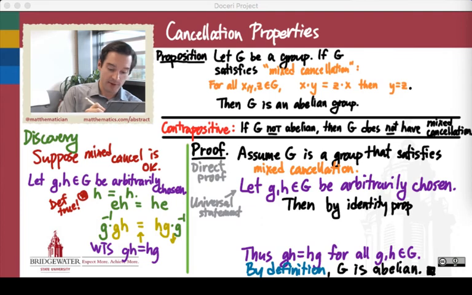By the identity property, we have EH equals HE. By the inverse property, we know that G inverse G is equal to the identity, and that's also equal to GG inverse.